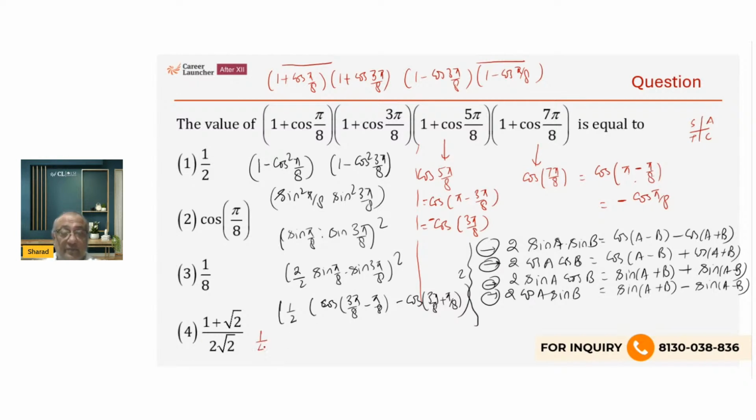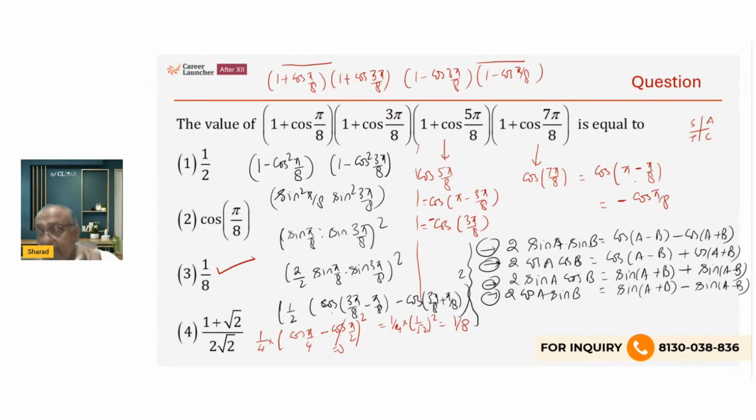This is 1 by 4 into, 1 by 4 outside, cos 3 pi by 8 minus pi by 8 is cos pi by 4. This value I know. And this is equal to minus cos pi by 2. Cos pi by 2 is equal to 0. Whole square. So this is 1 by 4 into 1 by root 2 whole square, which is equal to 1 by 8. That is our answer.